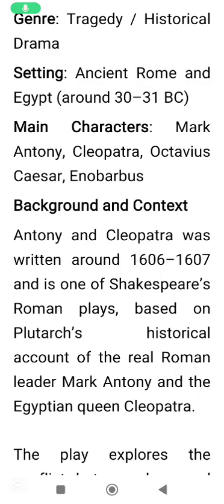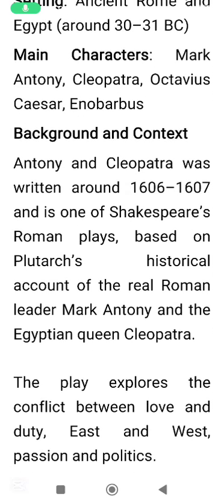So having said that, for the background and context, Antony and Cleopatra was written around 1606 to 1607, and it is one of Shakespeare's Roman plays. When we say Roman plays, it has to do with what now? Plays written during the period or era of the Roman Empire. In the study of literature, we have different eras.